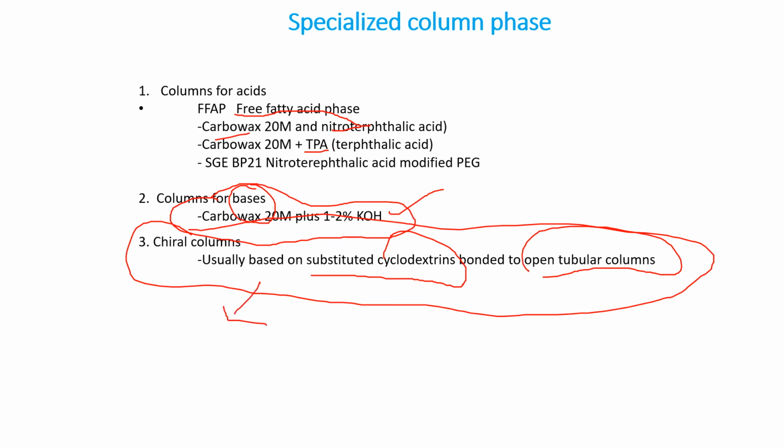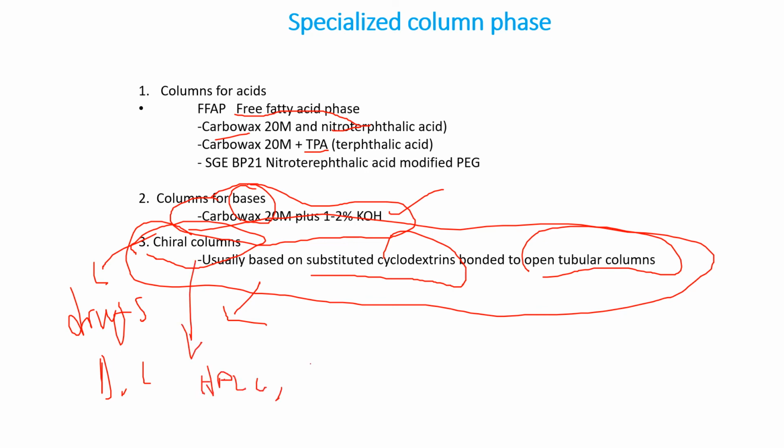It's really seldom for people to use GC to analyze chiral compounds. Chiral compounds are usually in drugs, all those D and L analytes. Usually people use HPLC or CE.